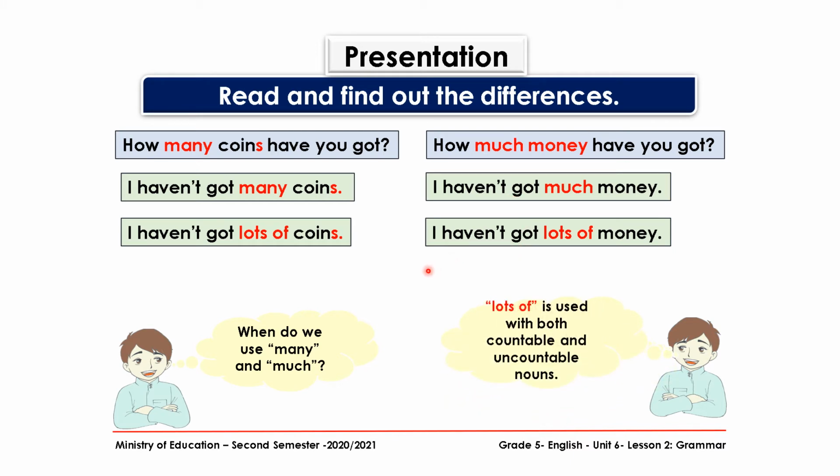And you can notice here that for both many and much, we used lots of for the answers. So it means here that we can use lots of with countable nouns or uncountable nouns. But much is used for only uncountable nouns, whereas many is used only for countable nouns.